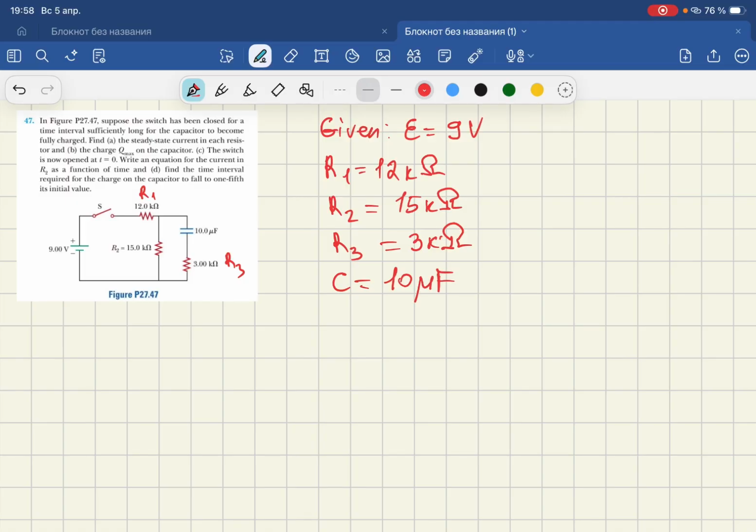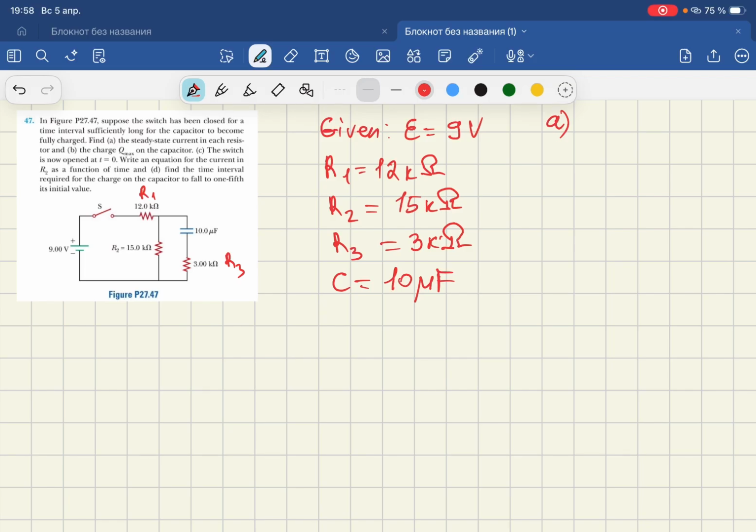In general, we will solve the problem by using Kirchhoff's law in part A. Why? Because it says the steady-state current in each resistor. So what does it mean?